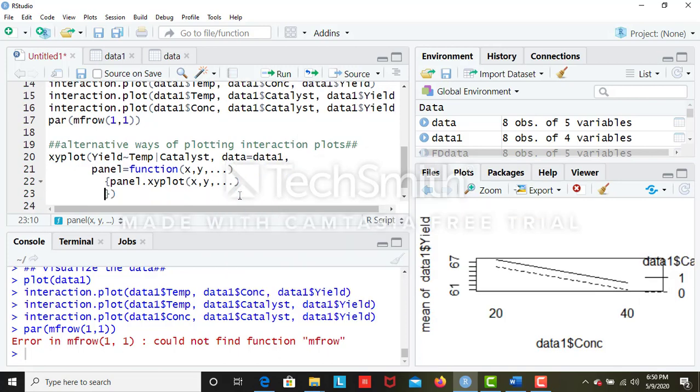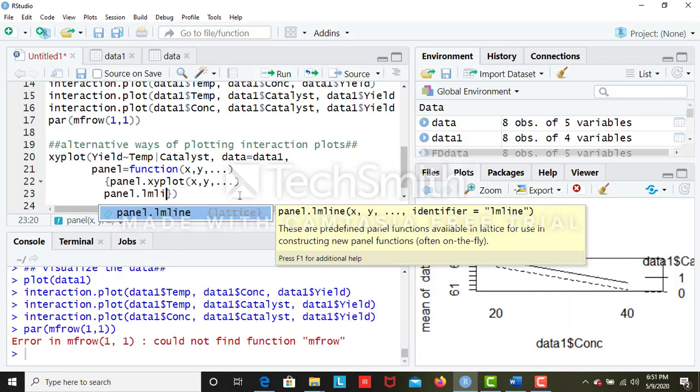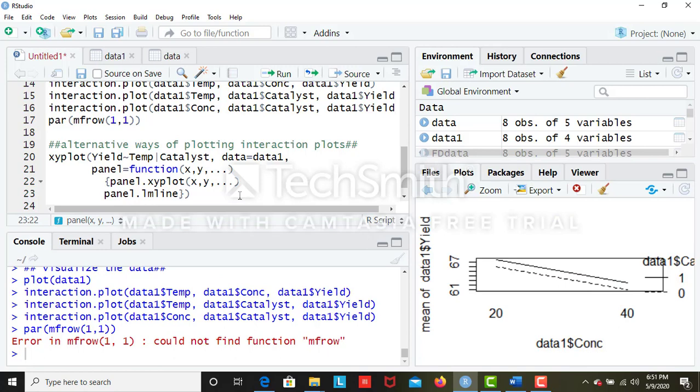And I have panel.lmline, with x here, then comma y.